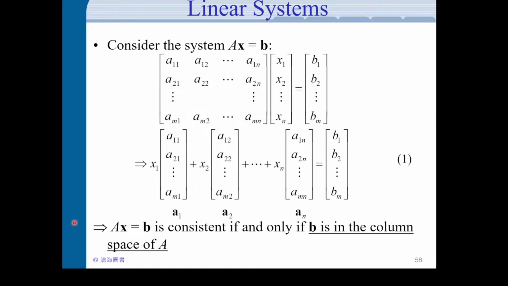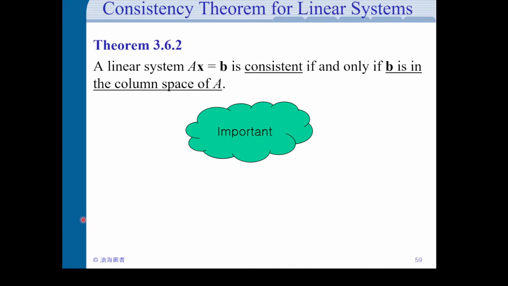If b is inside the column space, then you can find this linear combination. If b is not inside the column space, then you cannot. The proof of this statement is here, and this statement is actually our second theorem. This is a very important theorem about matrices: the linear system Ax equal to b is consistent if and only if b is inside the column space of A. Any question?